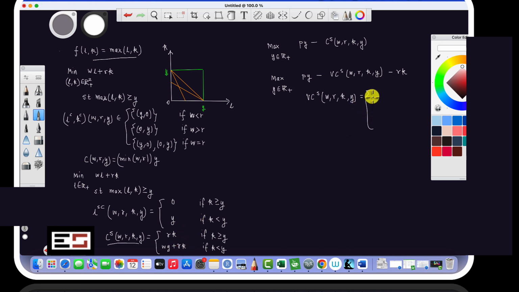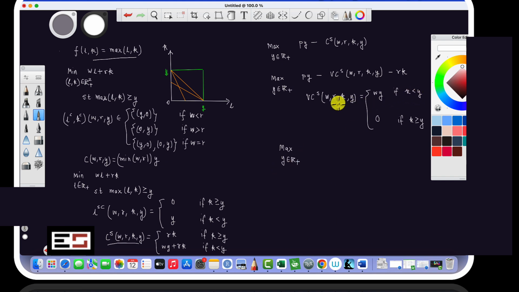Notice that it's wy if k is less than y. If you produce output more than capital, then the variable cost is wy, and if you produce output less than or equal to the fixed factor capital, then your variable cost is 0. So solving this problem is the same as solving this problem, which just ignores the sunk cost.